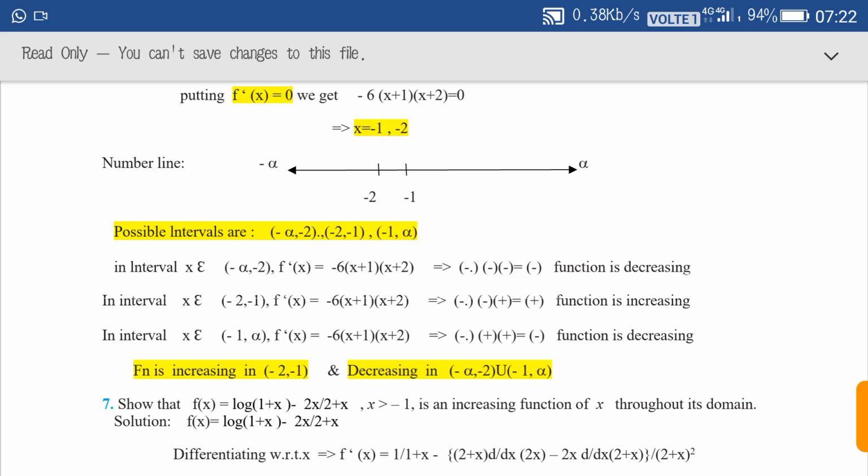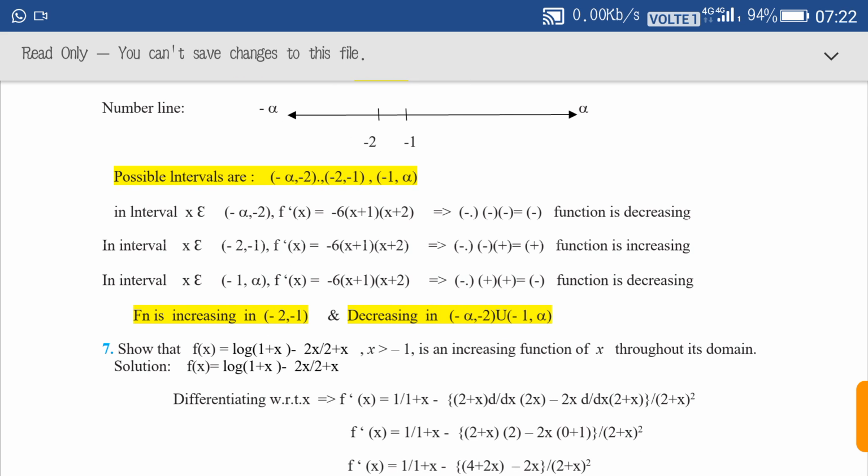Again we take x from minus 2 to minus 1. So f dash x is minus 6 (x plus 1)(x plus 2). The values from minus 2 to minus 1 are less than minus 1 but greater than minus 2. So we put the sign of the calculation.